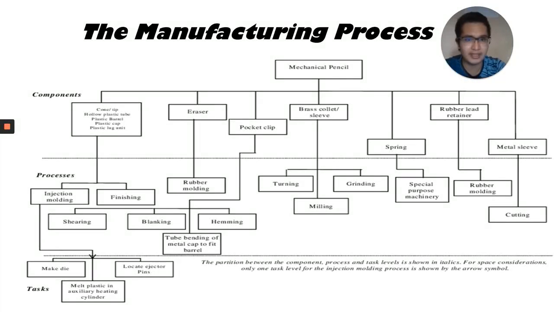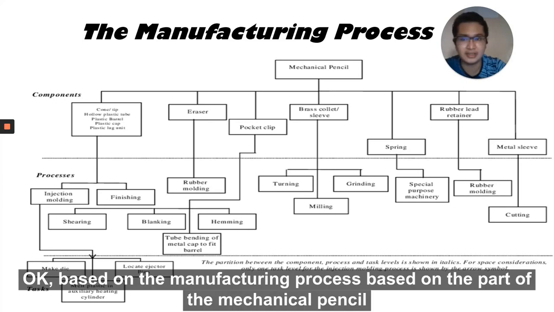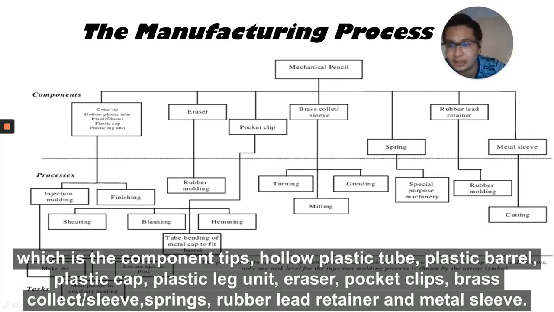Okay, the manufacturing process is based on the parts of the mechanical pencil, which are the components: tips, hollow plastic tube, plastic barrel, plastic cap, plastic leg unit, eraser, pocket clips, brass collet sleeve, spring, rubber lids, retainer, and the metal sleeve.